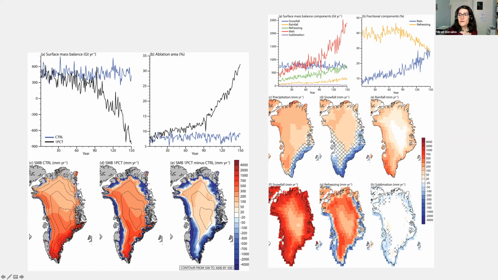And we see the refreezing increasing as the melt is, but it cannot catch up as a percentage of the total melt. And so we are here with the refreezing not exceeding the amount of snowfall.